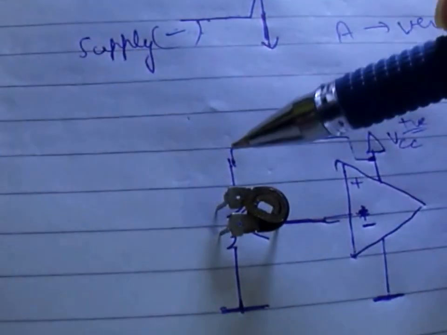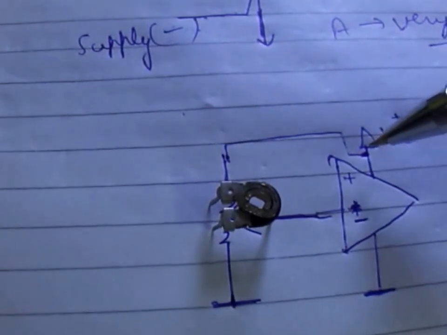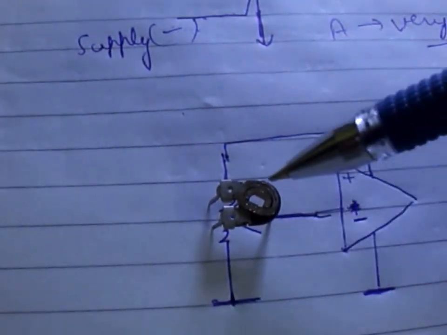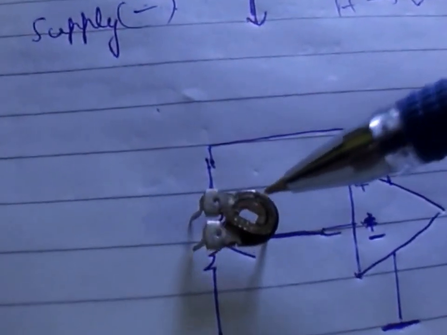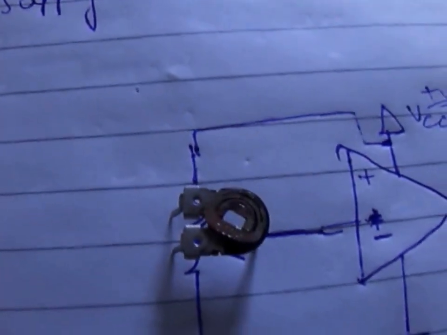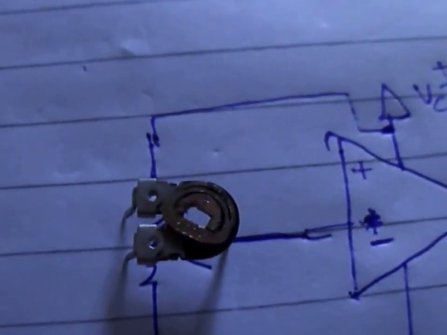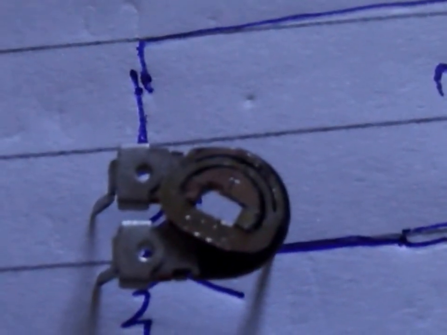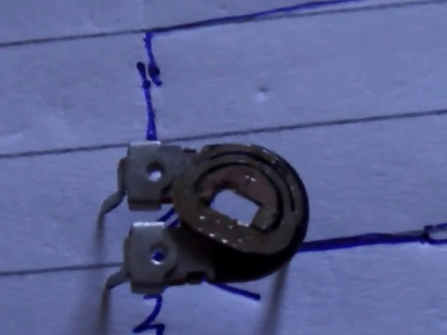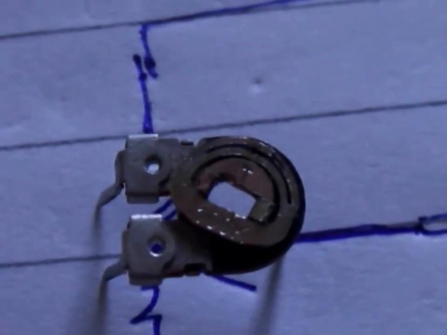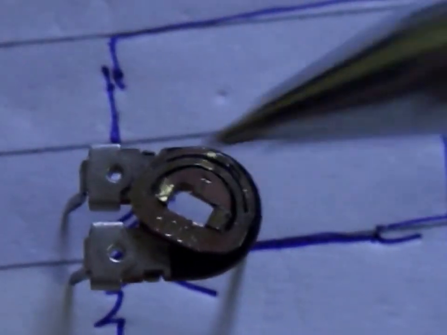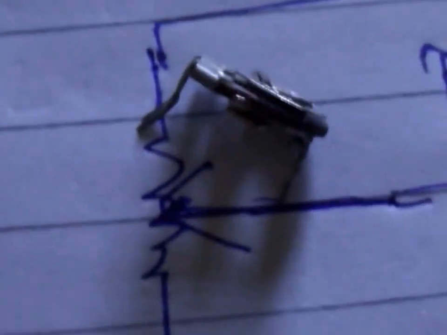Place it like this, and connect this to positive one, connect this to negative one, and just by rotating it, we can get the required voltage or the potential difference. So I have zoomed in so that you can see the value printed on it, that is the 100 kilo ohm potentiometer, and we'll be rotating it through here.